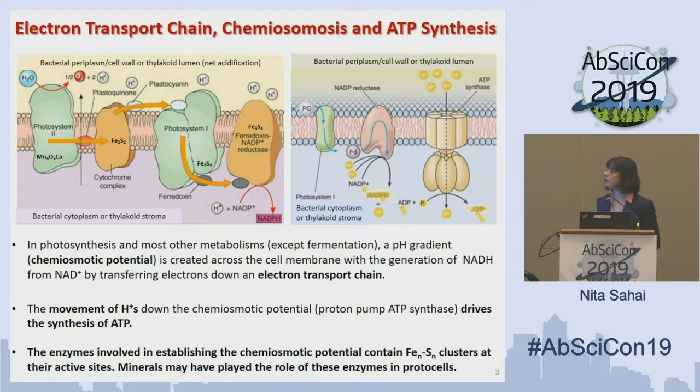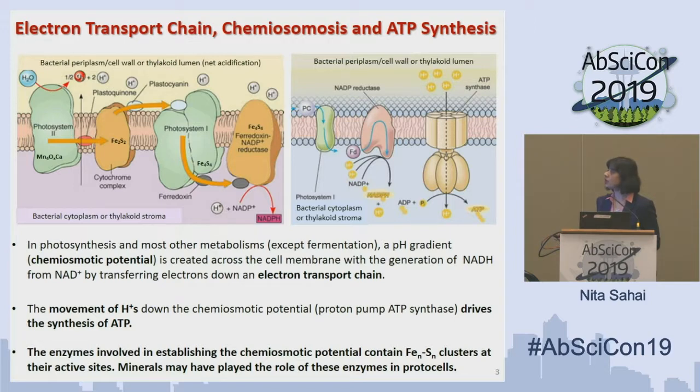The electron is further transferred using plastocyanin to photosystem 1. Photosystem 1 transfers it using ferredoxin to NADP reductase. At NADP reductase, a proton is combined with NAD to convert it to NADH, and so a proton is consumed over here.